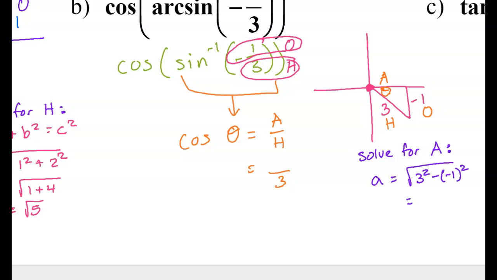So here this is 9 minus 1, so it's the square root of 8. Can this be simplified? Is there a perfect square that goes into 8 as a factor?